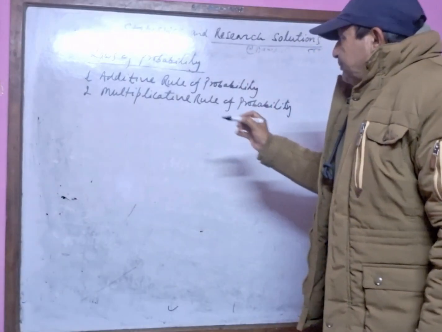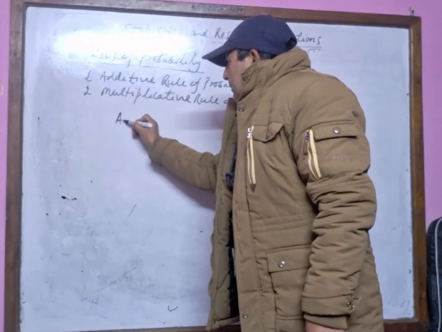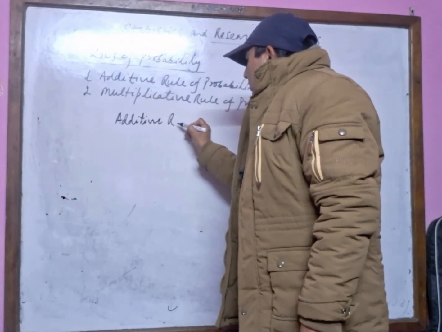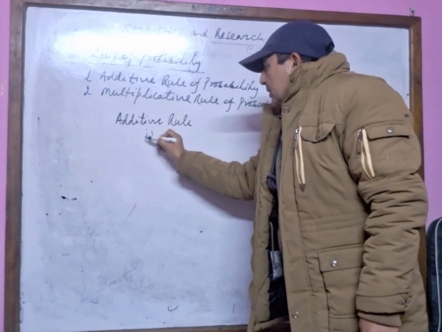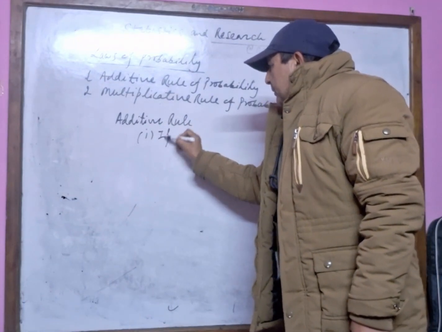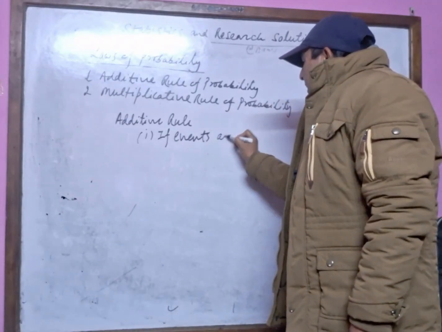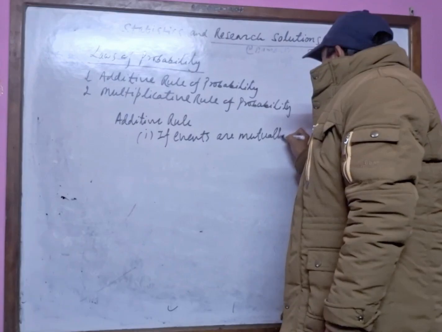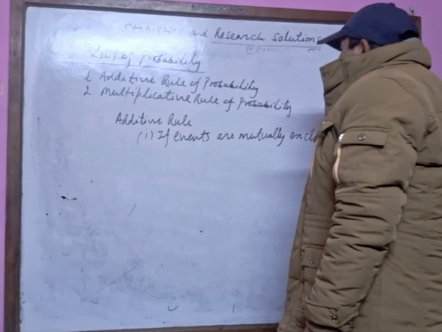In the additive rule, two conditions are there. One condition: if events are mutually exclusive.